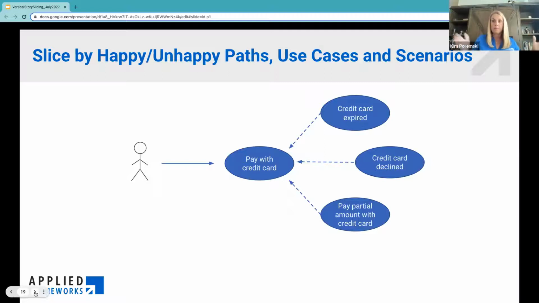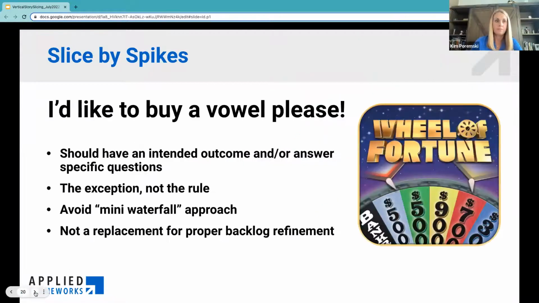We will layer in the unhappy paths of expiration or declined card in a later user story. Different scenarios. You know, on Amazon, I can pay partially with a gift card and partially with a credit card. We'll layer that in later. That's an additional use case or it's an extension of the current payment capability. So think about those types of scenarios as well, and they can become different user stories.